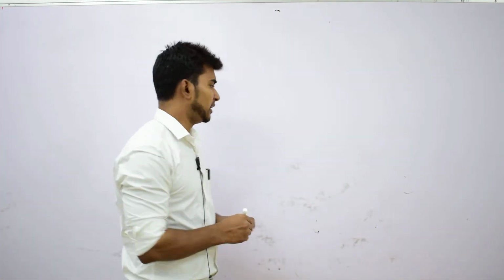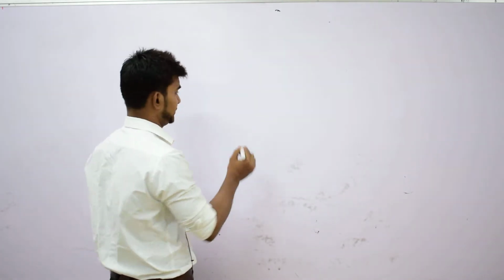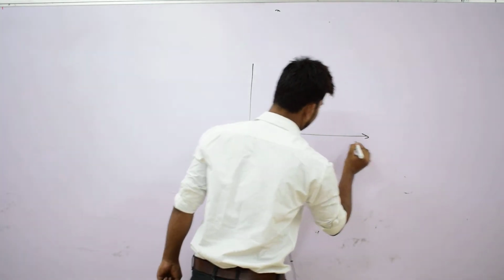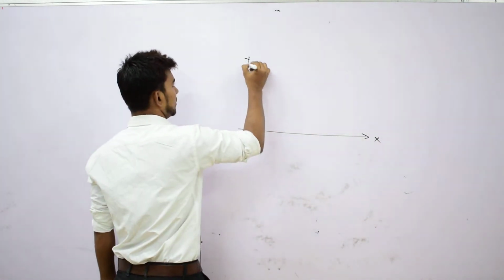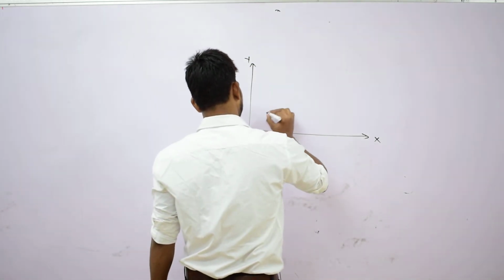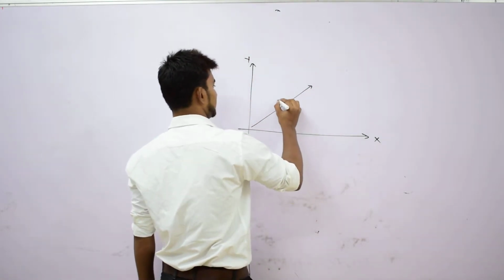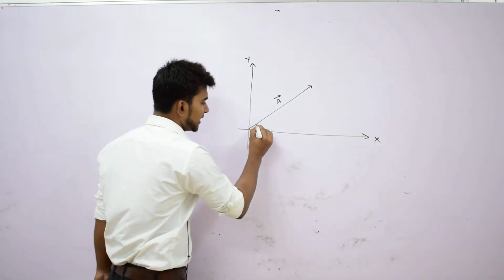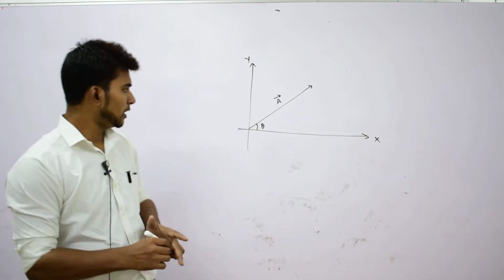Any vector can be projected in different directions. Let's suppose I am considering this particular plane xy. Okay, this is our plane xy, and there is a vector A which is making an angle theta with respect to the positive x direction.